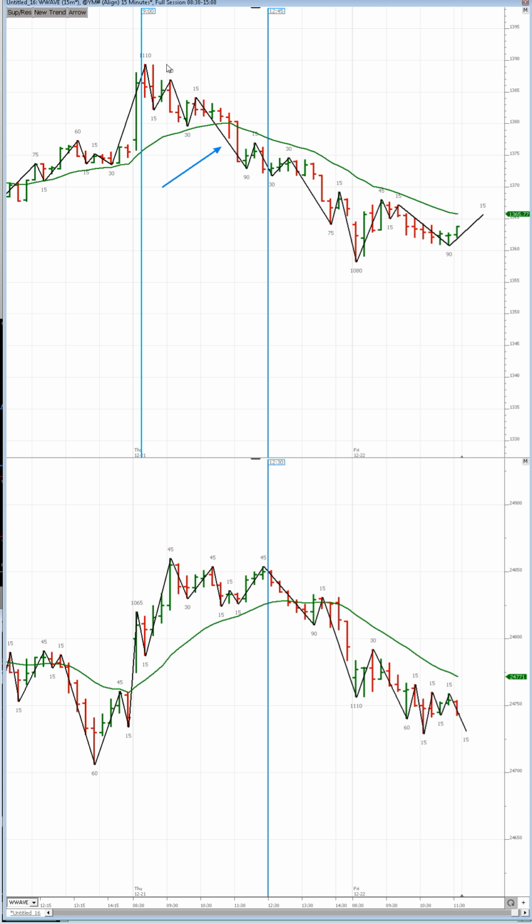See that? I think that was very important to note, that while this was continuing up, making a lower high, the Wyckoff wave was making a lower low with significant selling pressure. Look at that.